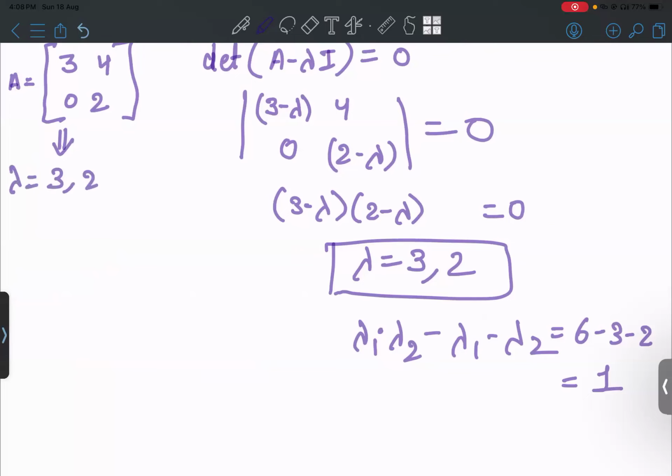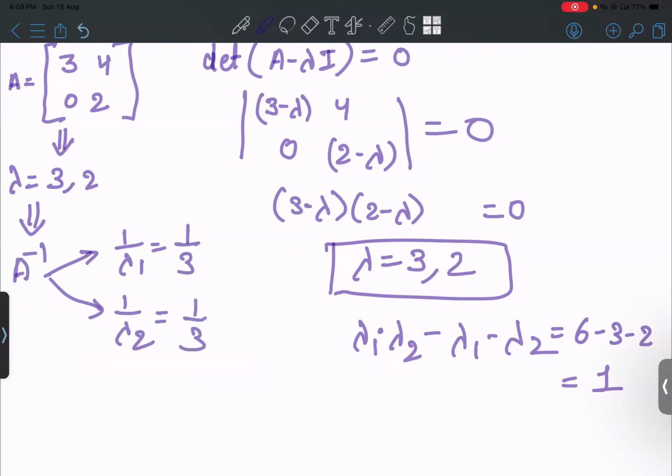If we wish to find the eigenvalues of A inverse, from linear algebra theory these will be 1 upon lambda 1 and 1 upon lambda 2, which means 1 upon 3 and 1 upon 2.